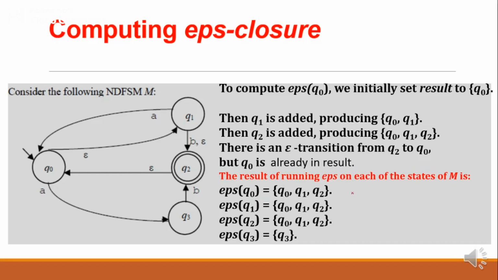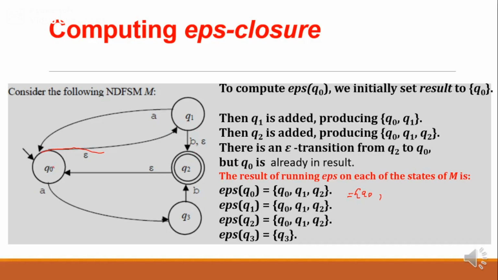Whenever you are finding the epsilon closure of a state, first you put that state itself. Add Q0 here. After that, from Q0 via epsilon transition you can go to Q1, take epsilon transition, you can go to Q2, take epsilon transition, again you will come to Q0.